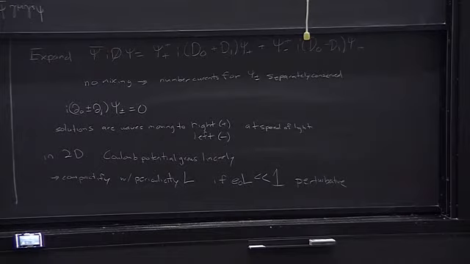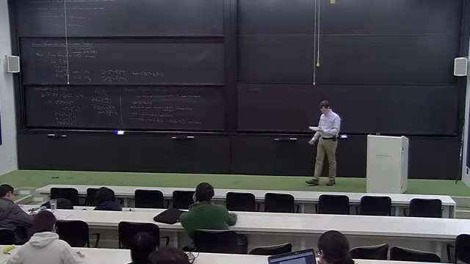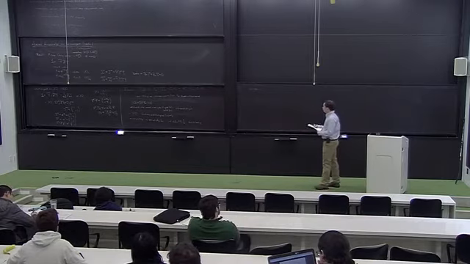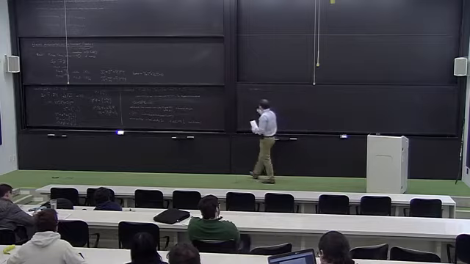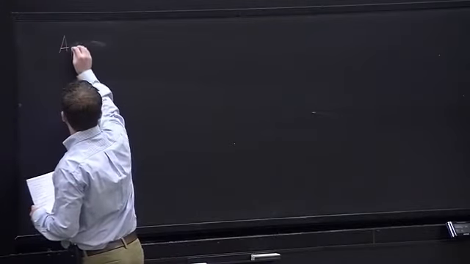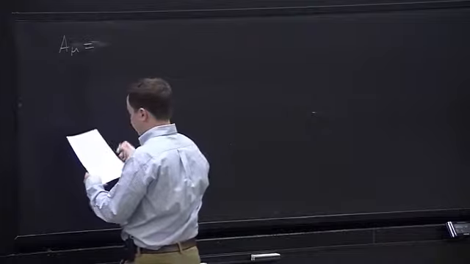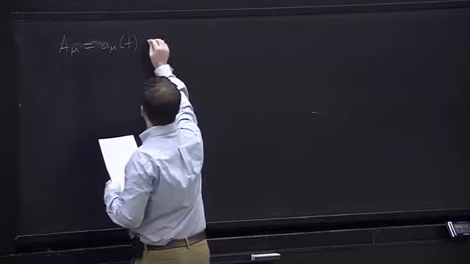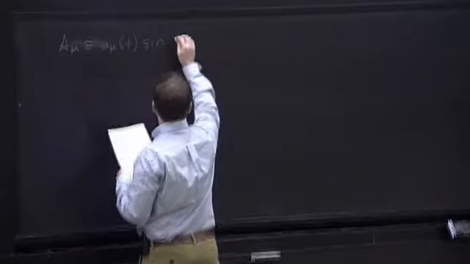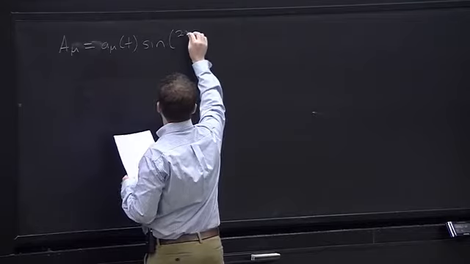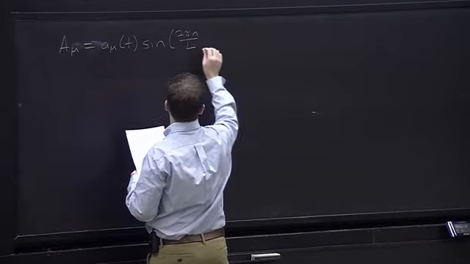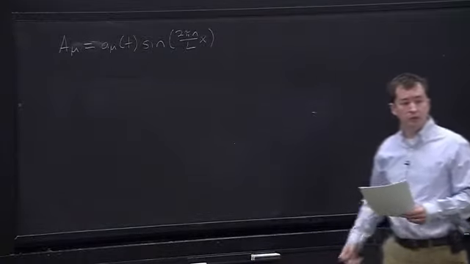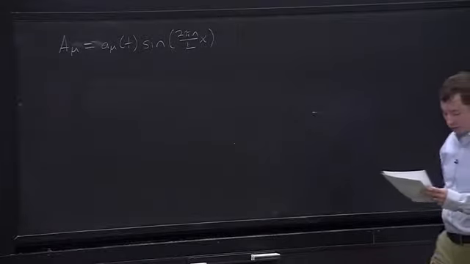So if we're in compactified space, then we can write the gauge fields as some linear combination of sines in the spatial direction and some arbitrary function of time.